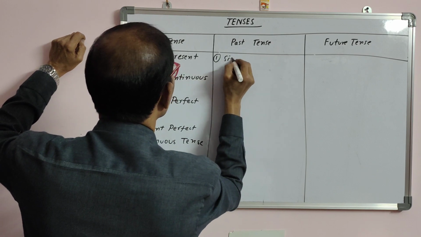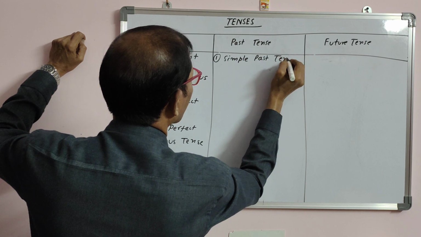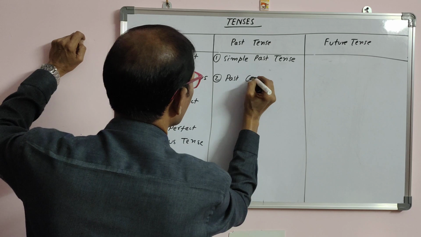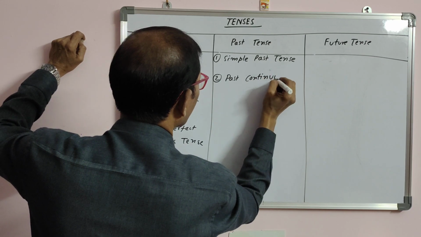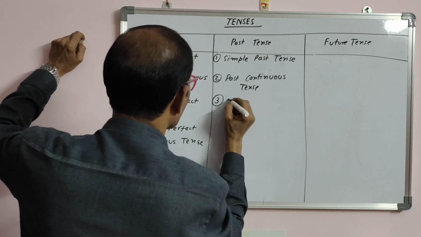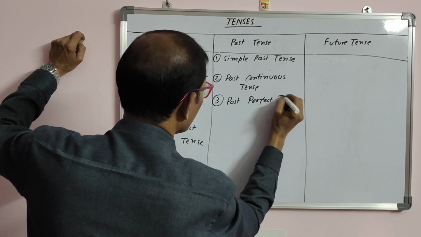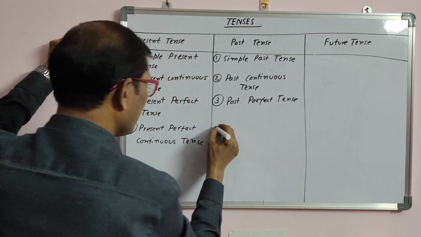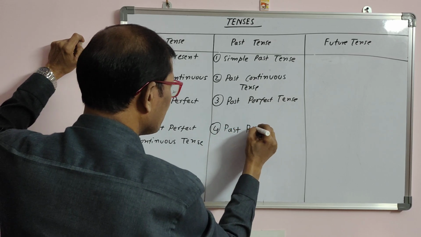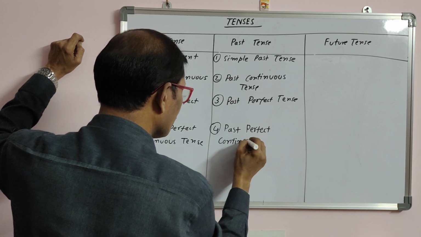First one is simple past tense. Second one, past continuous tense. Third one, past perfect tense. This is my favorite tense because it has no complications. Fourth, past perfect continuous tense.